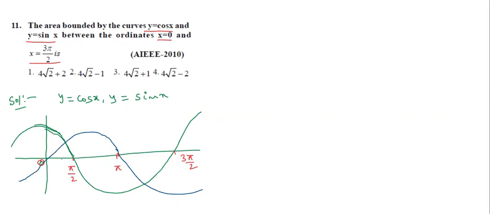So this is pi. Now what about this angle? This angle is approximately pi by 4. Now this angle is 5 pi by 4. This is 3 pi by 2.